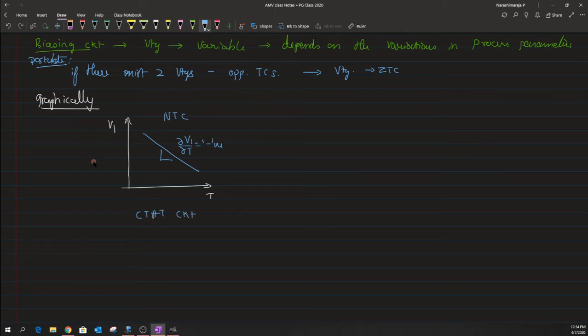So this is one such voltage that we have.